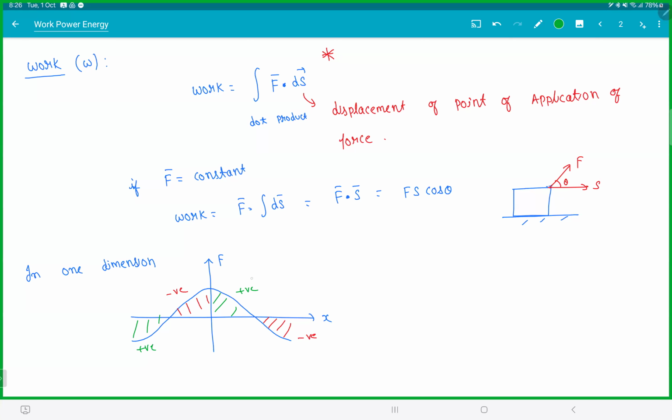Why? Think about it. In the first quadrant, F is positive, x is positive, so F into x is positive. In the third quadrant, F is negative, x is negative, so work done is positive. In the second and fourth quadrants, one of them is negative. So work done is integral F dx. I took it in one dimension. This is the area under the graph.